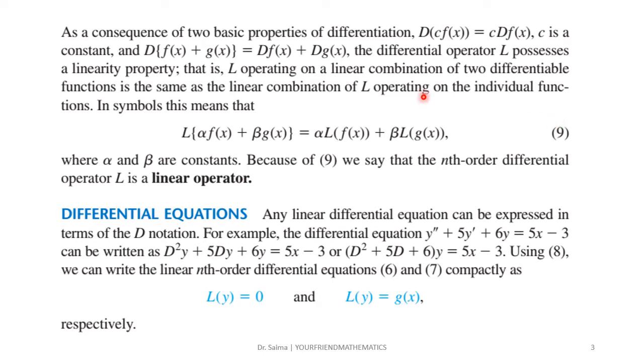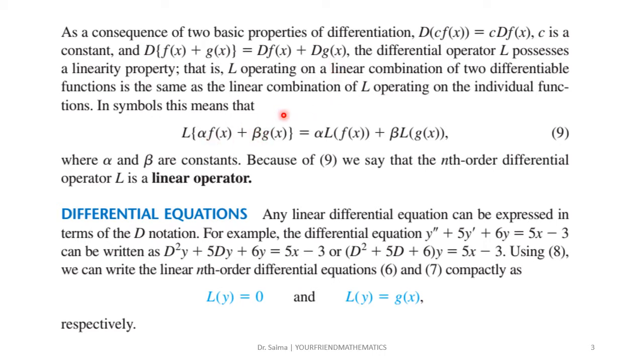So the differential operator is actually a linear operator. We can extract the coefficient out, and we can also apply it term by term. So the differential operator is a linear operator.